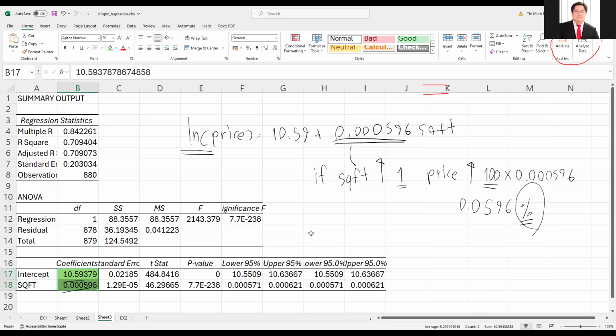So today's lesson: starting from when we have the data, we plot the data and then estimate the equation to represent the data.